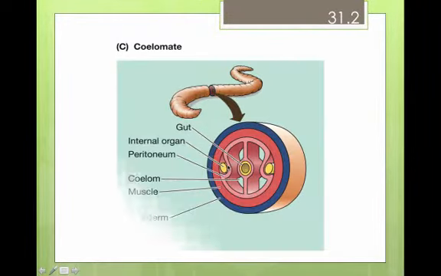On the other hand, you would have your coelomates, which would have your dark blue ring, which is again your ectoderm, and then this dark pinkish reddish ring is your muscle, and then this light pink would be your peritoneum, which is again muscle that surrounds your internal organs and your gut, which is right here. And this would be fluid filled, all these empty spaces.